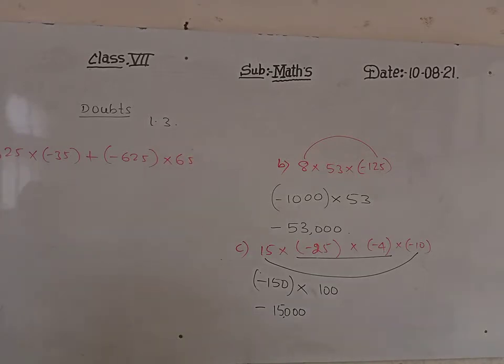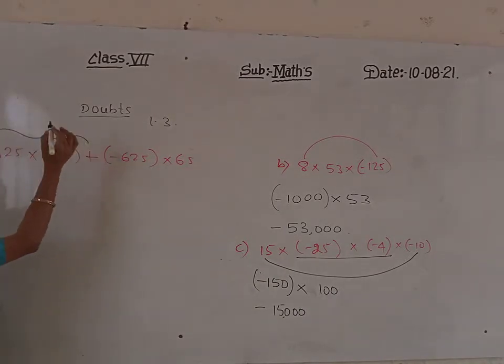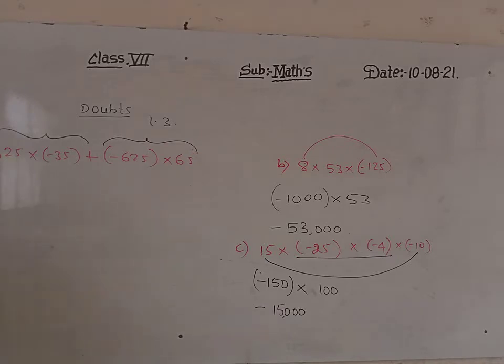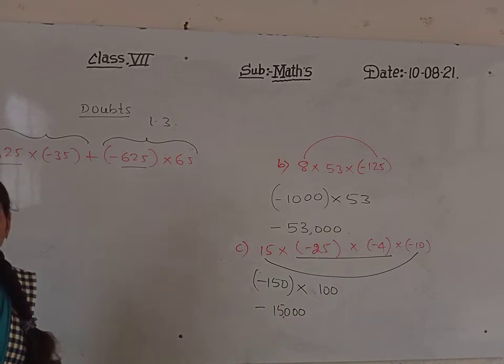Just observe, student, which is the common number in these two terms? Here you have two terms. In these two terms, what is the common number? 625 is the same number. But miss, here it is plus 625 and here it is minus 625. Which one will you take common?